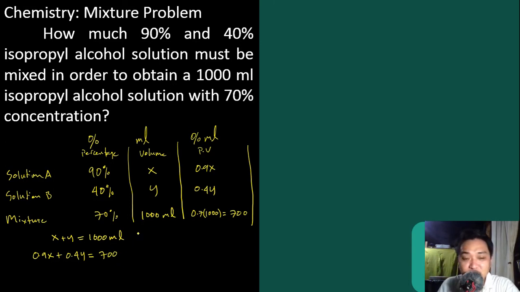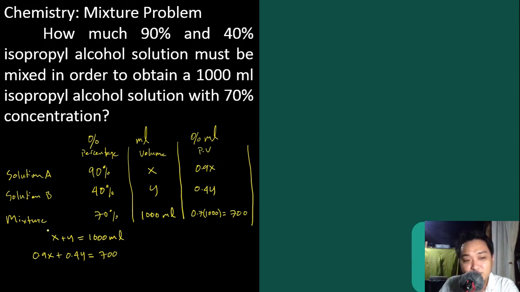Pero syempre, hindi pa sila natin pwedeng gamitan ng elimination kasi hindi pa sila pareho ng numerical coefficient, lalo na dito sa X. Ipagpalagay natin na ang gusto nating ma-cancel mamaya is X. So kailangan meron siya diyang 0.9. At pag nag-multiply tayo ng 0.9 sa X, kailangan all the terms in the left and the right side, i-multiply din natin sa 0.9 para balance pa rin siya.